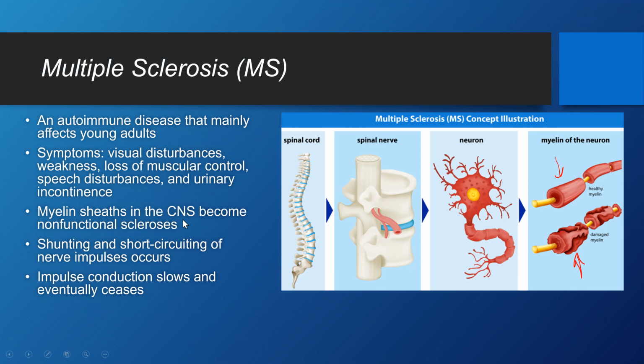Myelin sheath in the CNS becomes non-functional, sclerotic, and it causes shunting and short circuiting of nerve impulses, and impulse conduction slows and eventually ceases, right? So, if your nervous system cannot send or receive these electrical signals, that will affect many important functions, right?